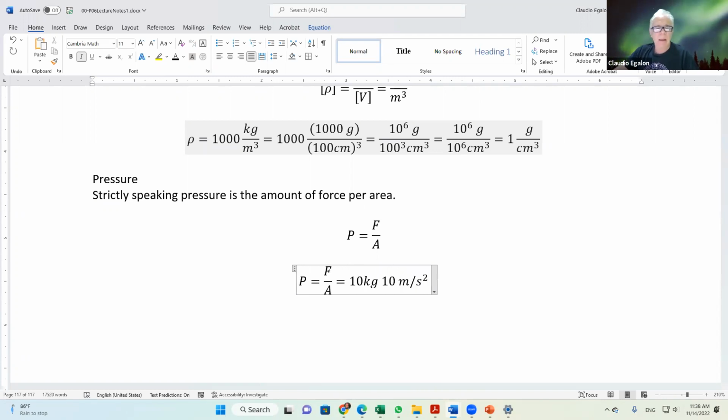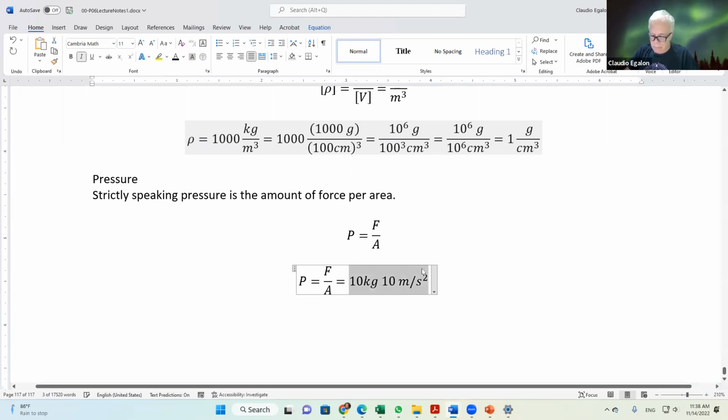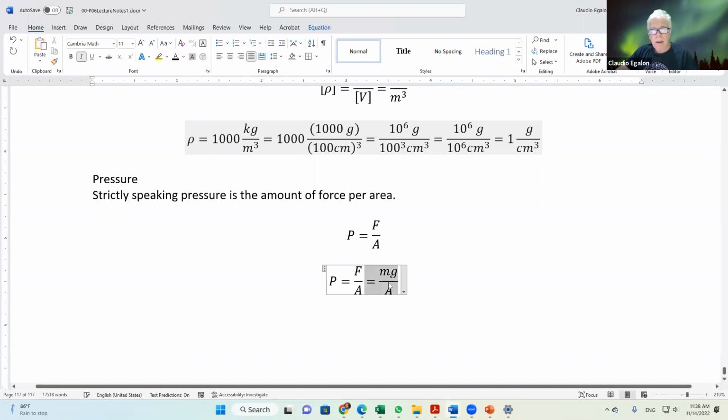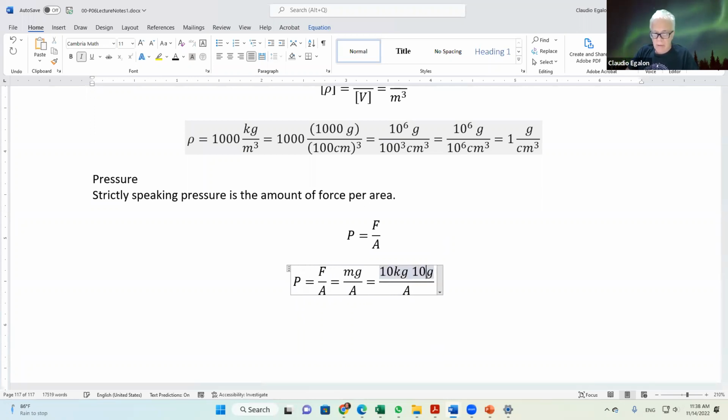Make sense? mg, right? Divided by area. My m is 10 kilograms. My g is 10 meters per second square. And my area is 1 meter square. Like that.